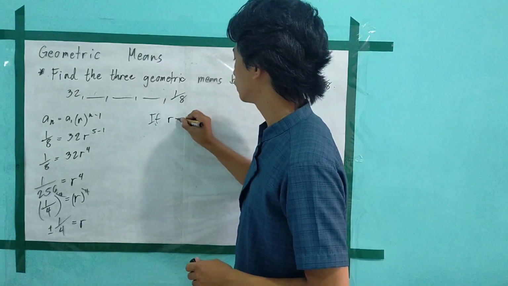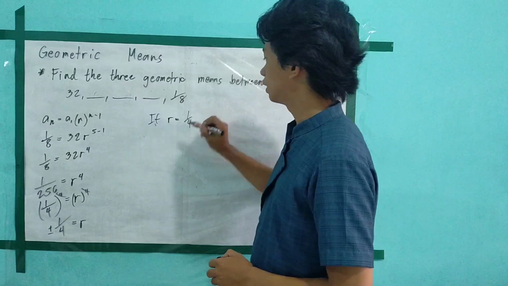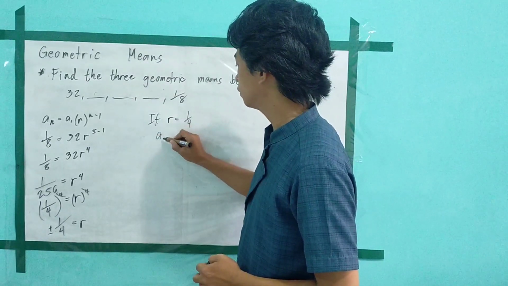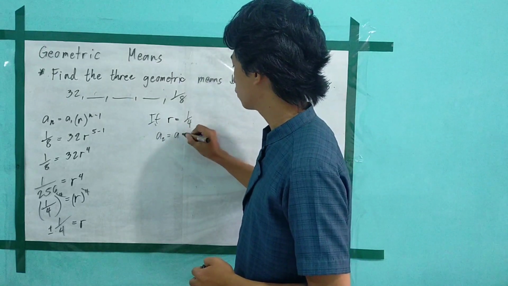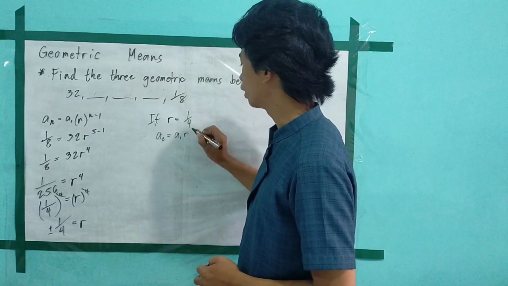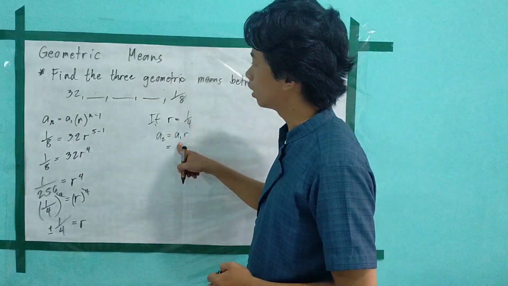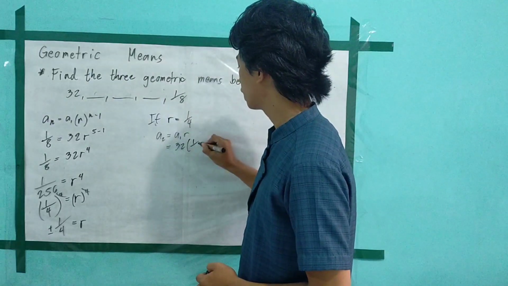If r is equal to positive 1/4, substitute natin. To get the a sub 2, it is equal to a sub 1 multiplied to the common ratio. Sana a sub 1 natin, we have 32. 32 multiplied by 1/4.